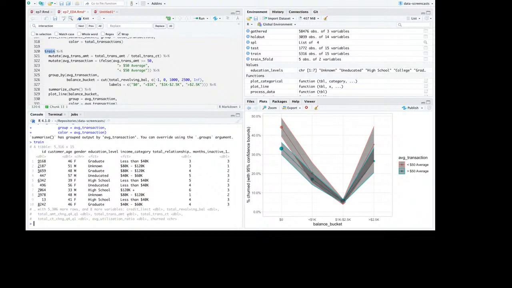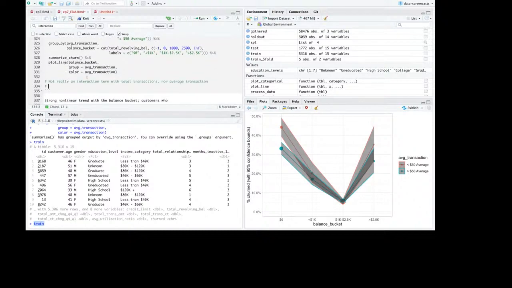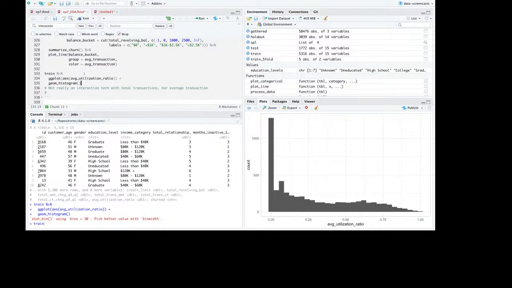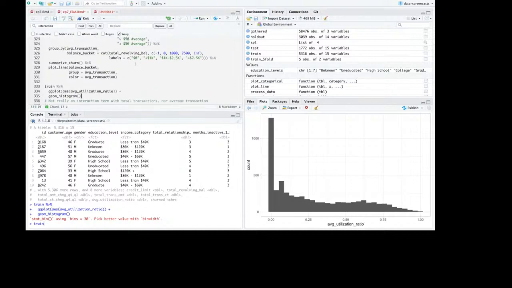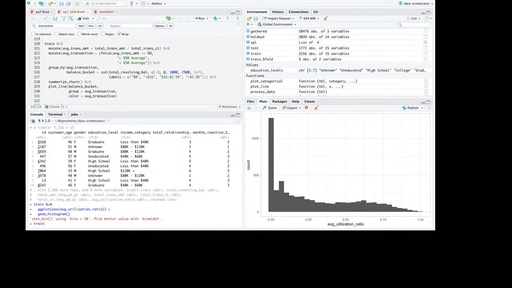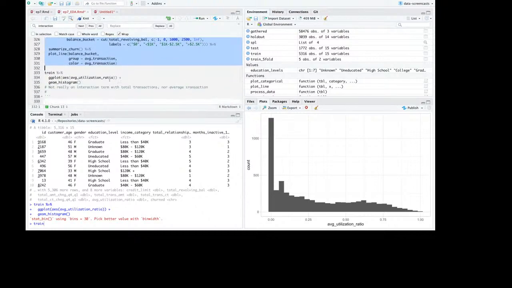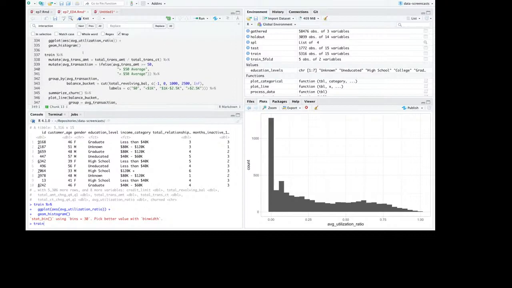The utilization feels like it's related to the, yeah, it feels like it's related, and I can say what I want. There's a spike close to 0 and 0.5, so let's make those the buckets. We'll say average utilization.